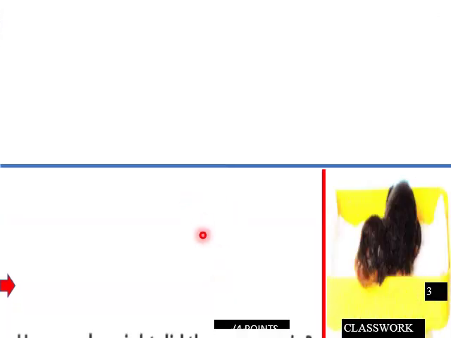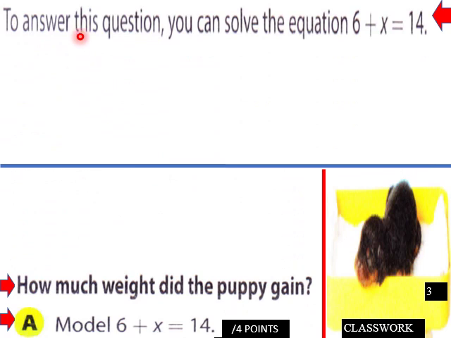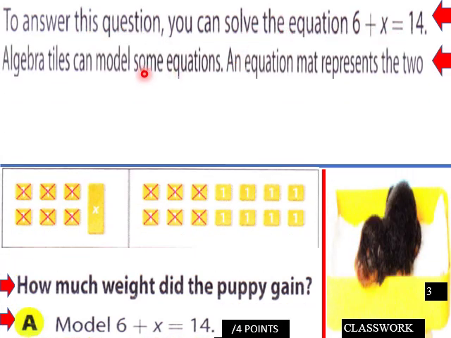So solve this equation. How much weight did the puppy gain? So a model here would be 6 plus x equals 14. That was from our verbal model, from the verbalization of that question. To answer this question, you can solve the equation 6 plus x equals 14.